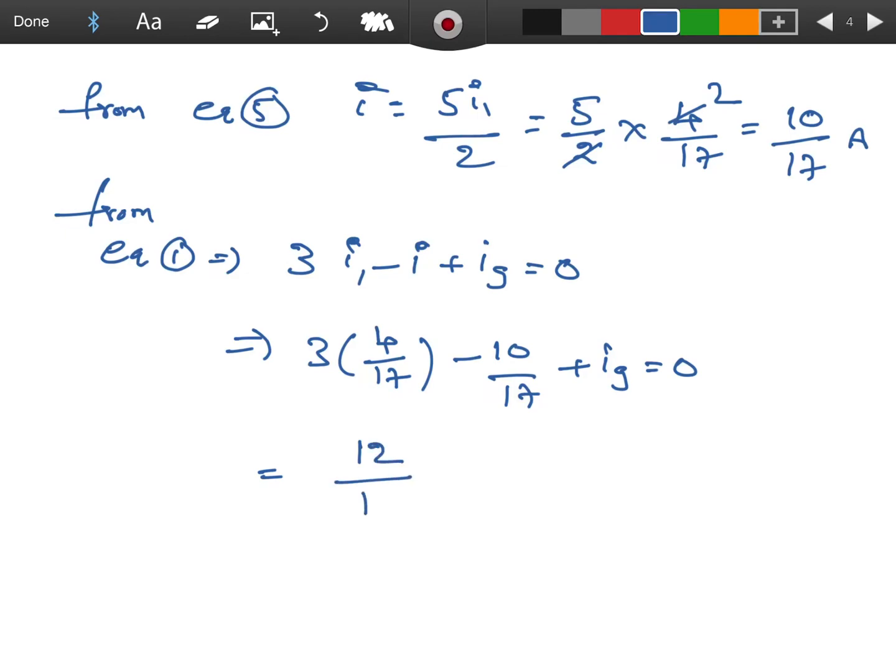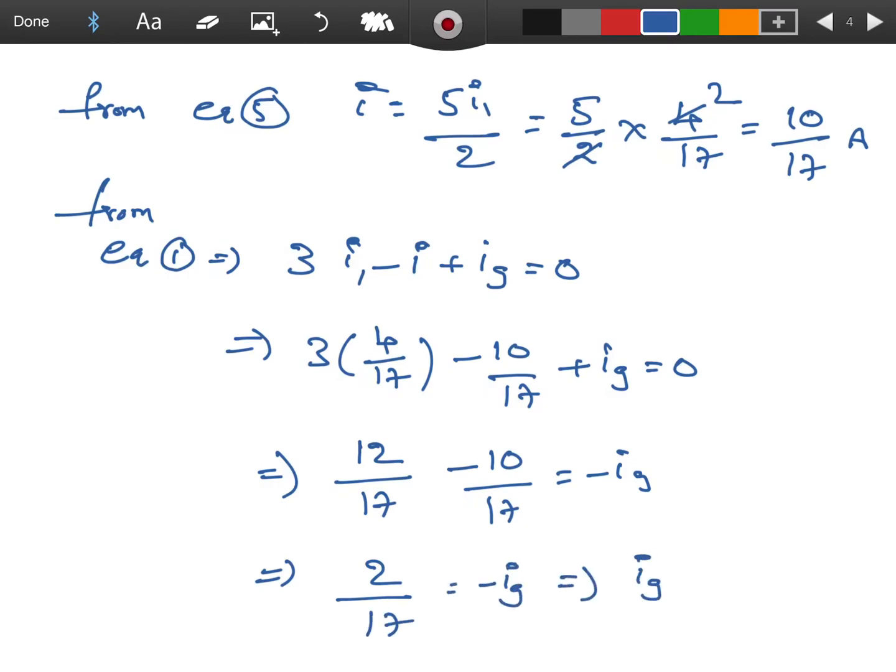So 12 by 17 minus 10 by 17 equal to minus Ig, which is 2 by 17, so Ig equal to minus 2 by 17. Negative currents won't exist. Negative means here your direction is wrong. You consider like this, the actual will be upward.